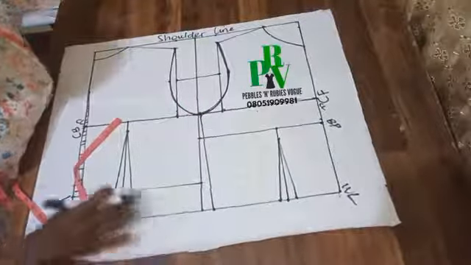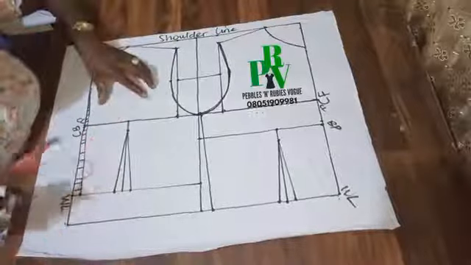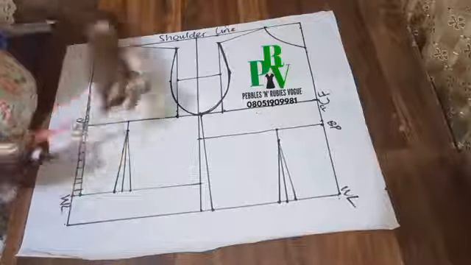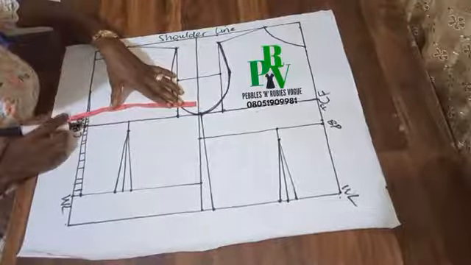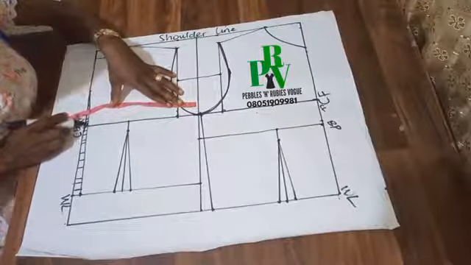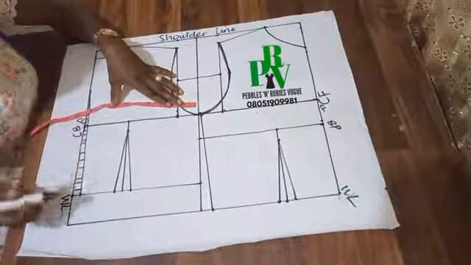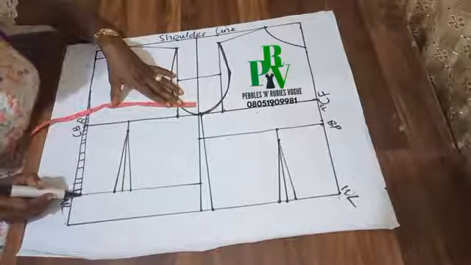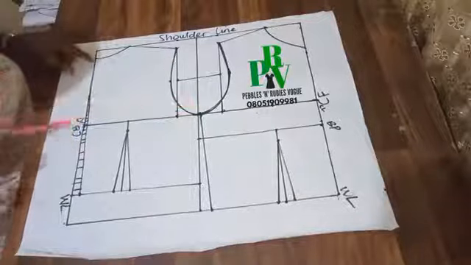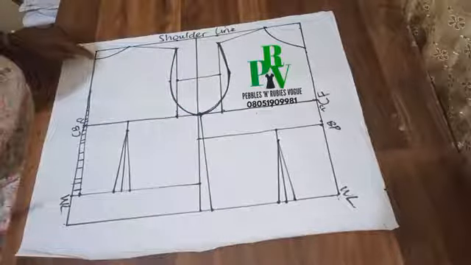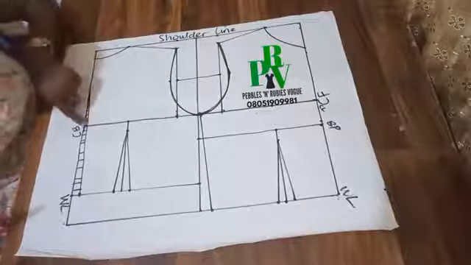Okay, and then I'll come to the back block and take my measurement. My measurements start from this slanted line. Remember that 0.5 inch that we slanted to the midpoint of the distance from the end of the neckline depth to the chest line.